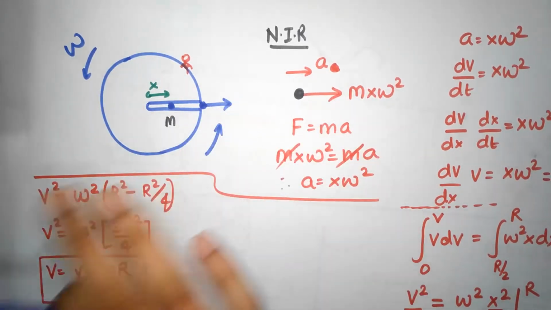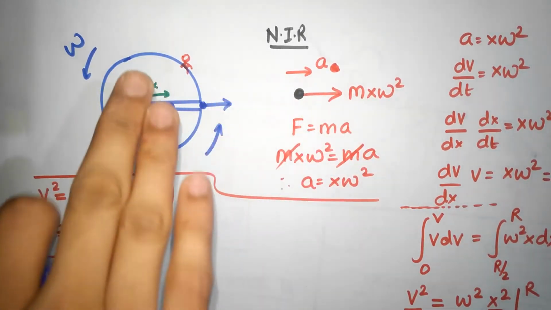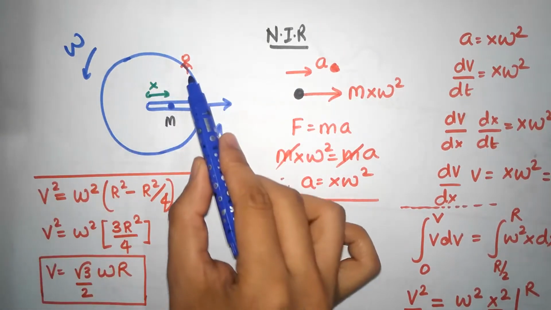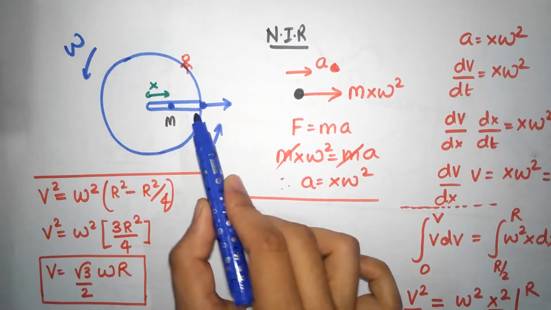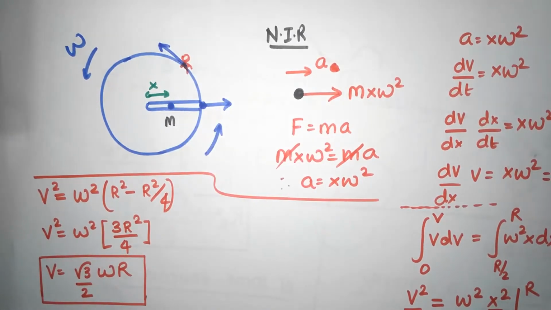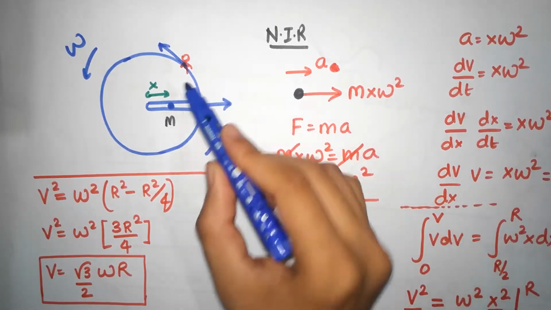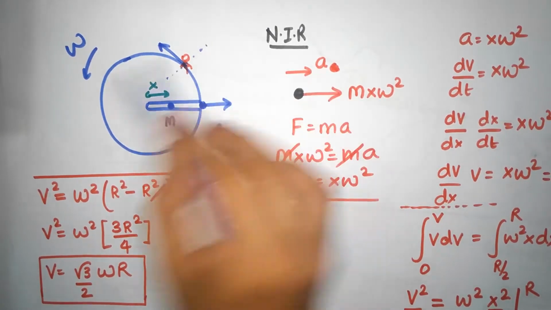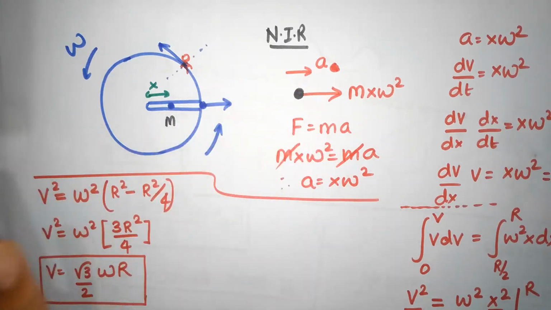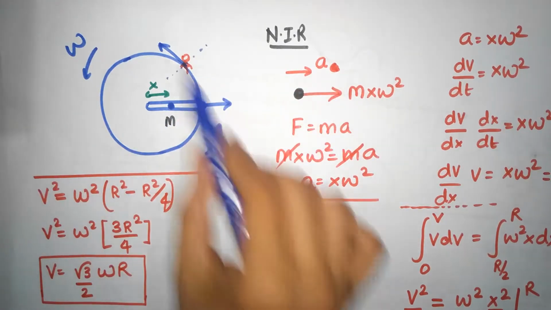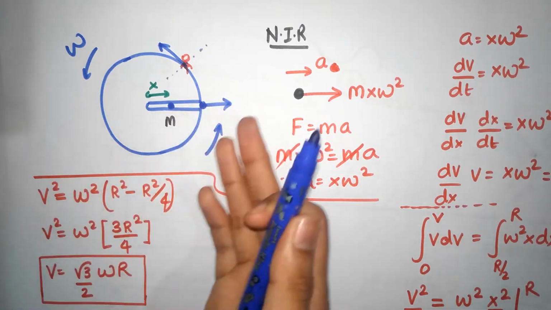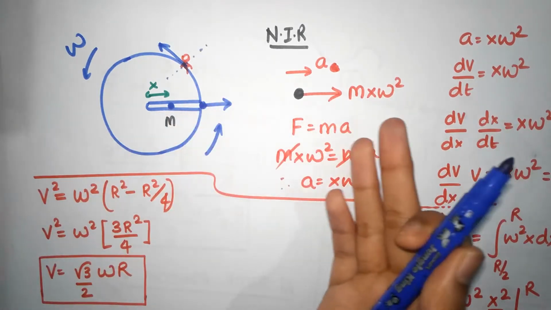The radial speed is not affected whether you look at it from the inertial point or the non-inertial point, because remember, you are rotating along with the disk, and when you rotate, you have this tangential velocity which gets neglected. And remember, the tangential component and the radial component are perpendicular to each other, so the two vectors don't affect each other. So in simple terms, whenever you are in a rotating reference frame, the radial speed will be the same whether you look at it from the non-inertial or inertial reference frame.